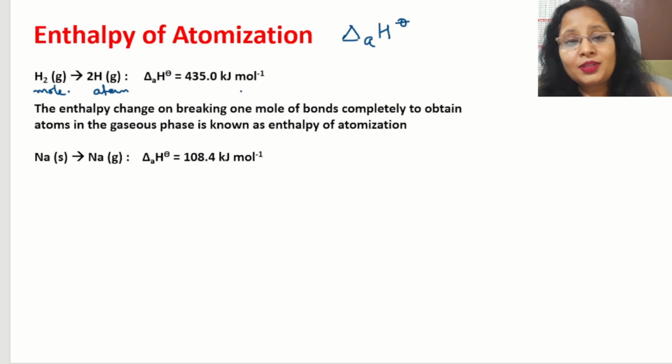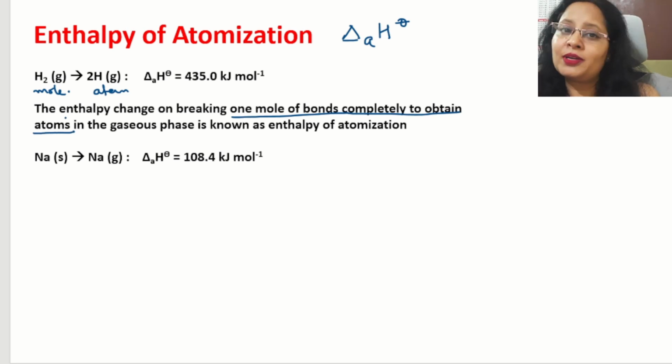From this equation we can understand that a molecule gives atoms. The enthalpy change on breaking 1 mole of bonds completely to obtain atoms in the gaseous phase is known as enthalpy of atomization.